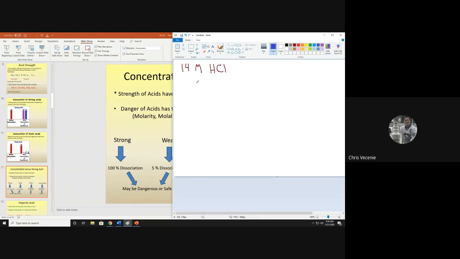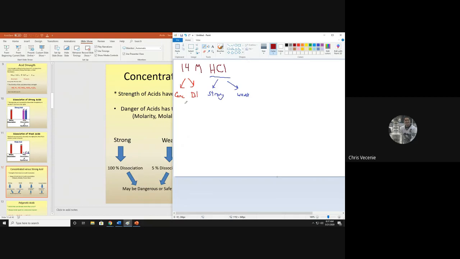So if I said you have 14 molar hydrochloric acid, the formula part tells you strong or weak. It's as simple as, is it on the list of 6? The numeric part for molarity, molality, or percent mass tells me if it is concentrated or dilute.